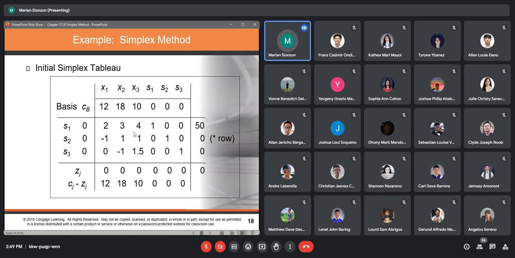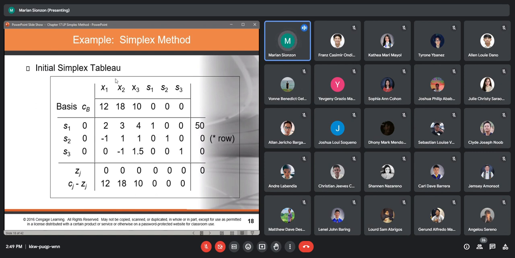So you have 50 divided by 3, that is 16 point something. 0 divided by 1 is 0. And then 0 divided by negative, di pwede. So you choose only between the two. Which one is smallest? It will be this row, isn't it? Mark it with an asterisk. Or you also call this your replacing row.